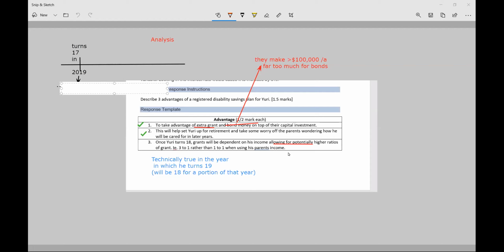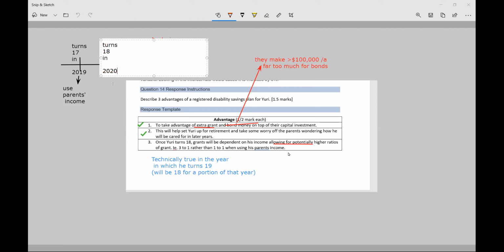Okay. So 2019, here we would use the parent's income, and then turns 18 in 2020. And again, we would use the parent's income.